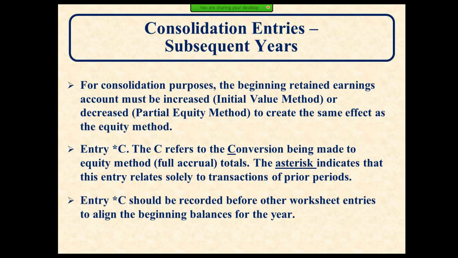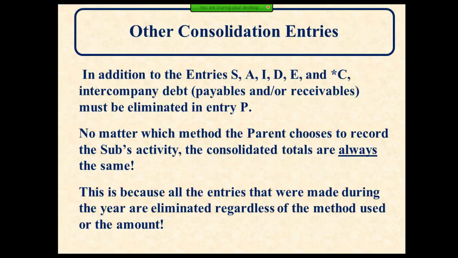The C entry gets recorded before other entries are recorded to help us start off with the right balances at the beginning of the period. So we've got the S, the A, the I, the D, the E, and the C entries.